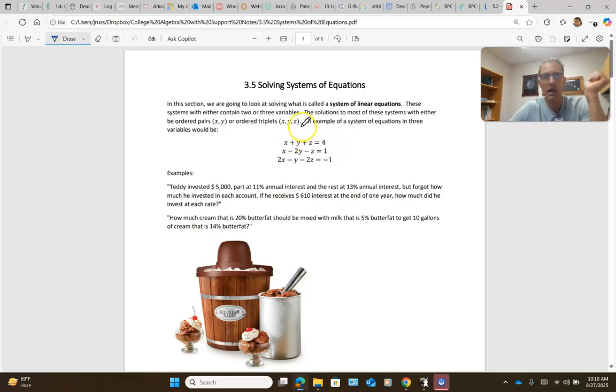Okay. And then furthermore, if it's a system of two equations and two variables, our solutions will be of this form. There'll be a value for x and a value for y. And then if it's a system of three equations and three variables, we'll have what's called not an ordered pair, but an ordered triple, okay, in which we'll have a unique value for x, y, and z.